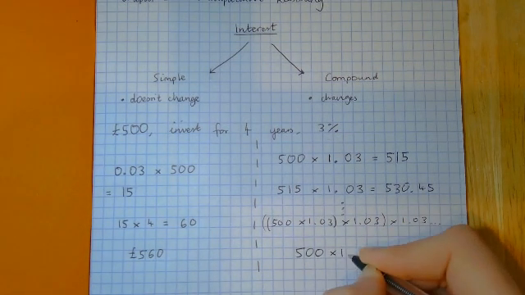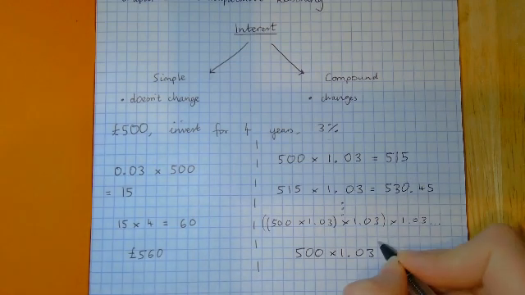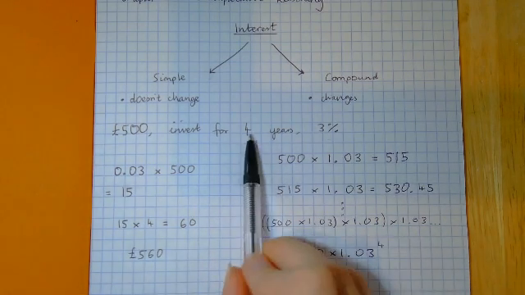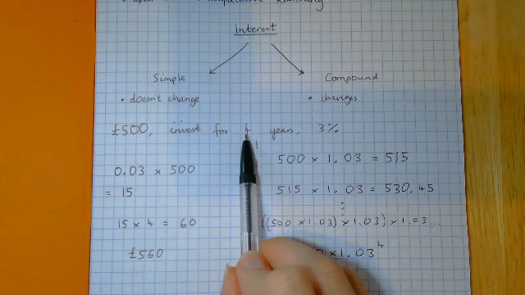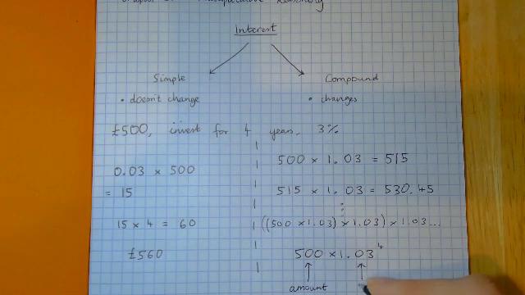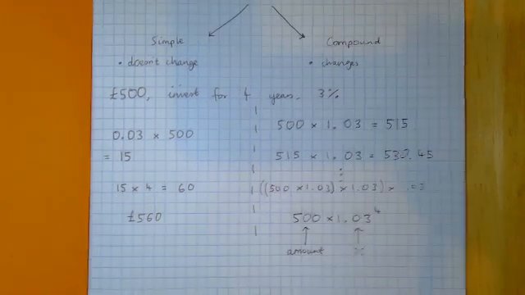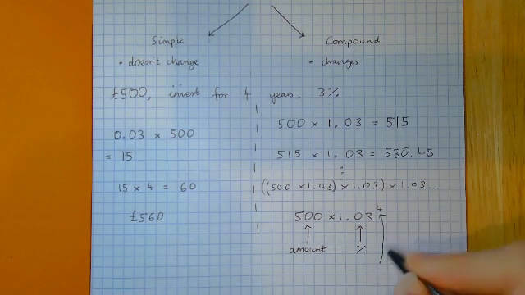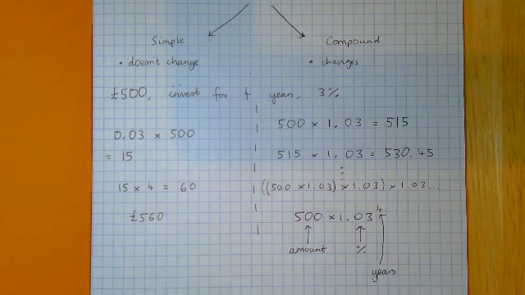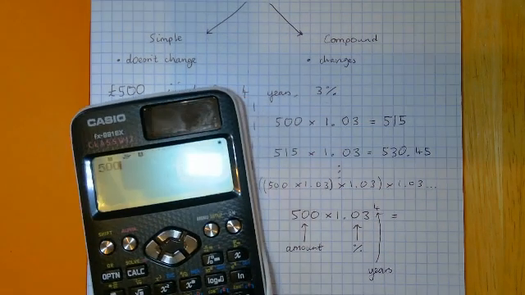So what I actually end up doing is 500 times 1.03, timesed by 1.03 4 times, because I'm doing it for 4 years. So that's always going to be the amount that you start with. This is going to be the interest rate, and then the power is going to be the number of years. So even though it's quite a difficult calculation, you can actually work it out in one fell swoop.